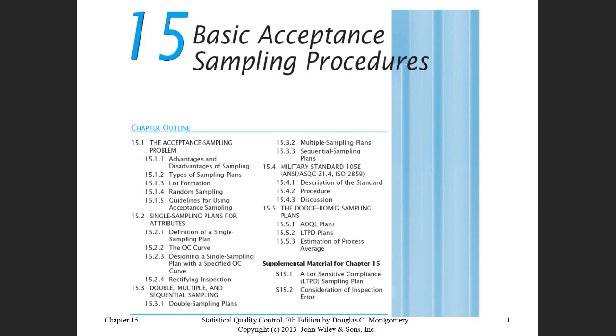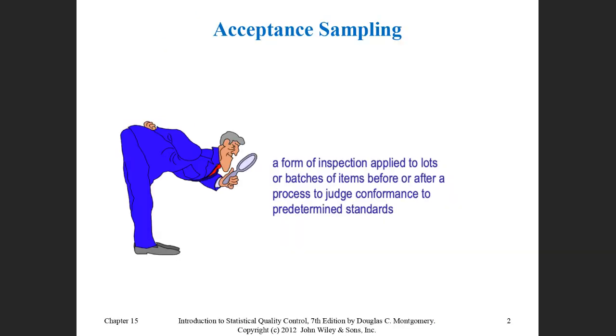The lot acceptance or sampling acceptance is important in productions and factories, and it is commonly done for the process, whether before you start your process or for the output of your process.